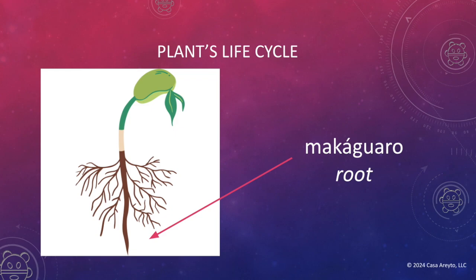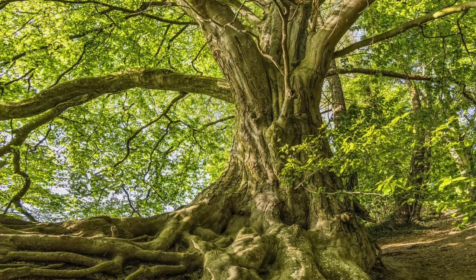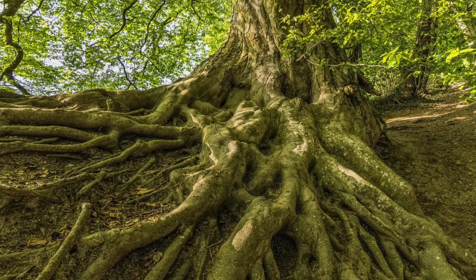That is the next step in the plant's life cycle. It's super interesting that plants must develop roots underground before they can grow above ground. I hope that is what we're doing here. We're developing our Taíno roots before we can bloom above ground.